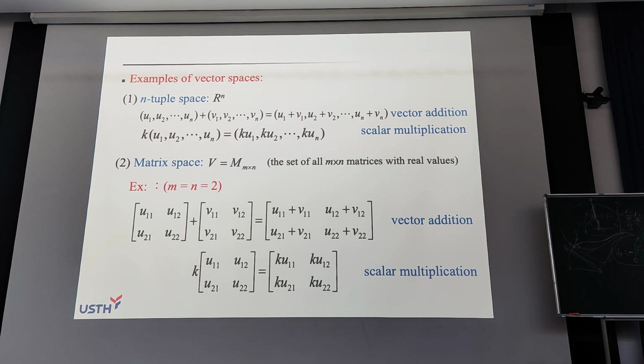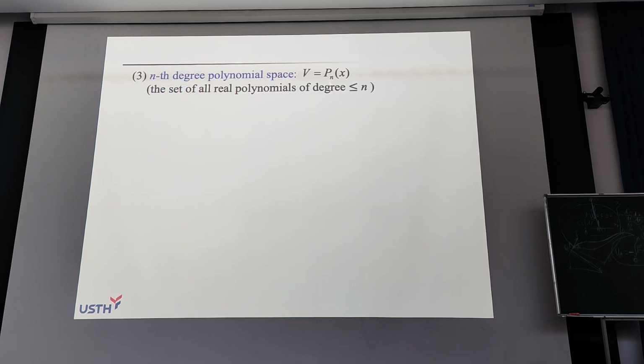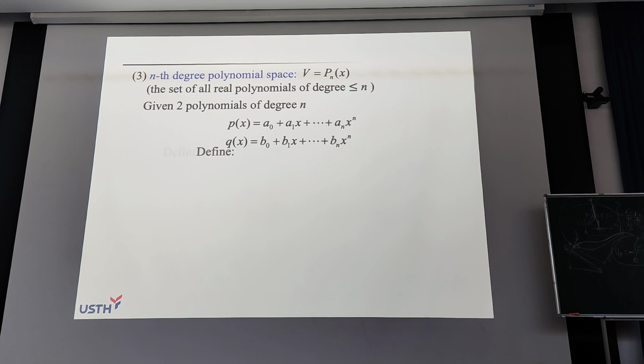The next example is even more difficult for you to imagine. Now we consider the set V equal to P_n(x). That is the set of all polynomials of degree less than or equal to n. Nhớ là phải bé hơn hoặc bằng n chứ không phải chỉ bằng n. Then in that case, we define: suppose that we are given two polynomials like that. We define the addition.